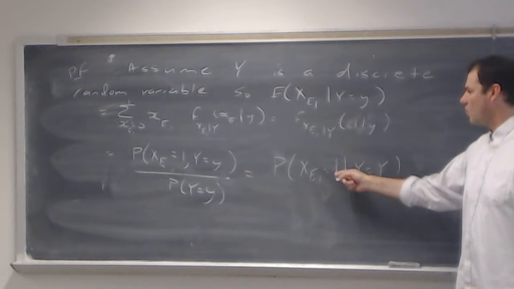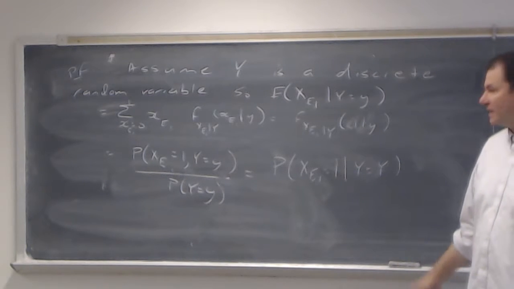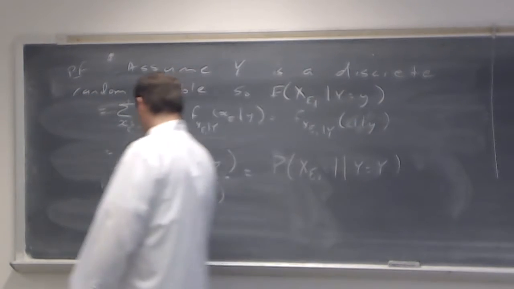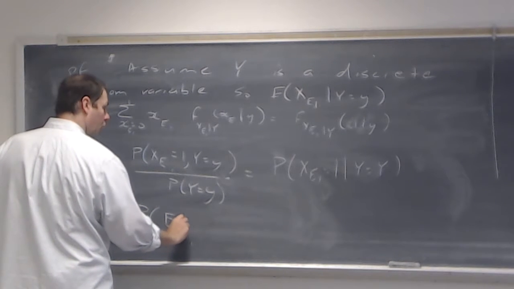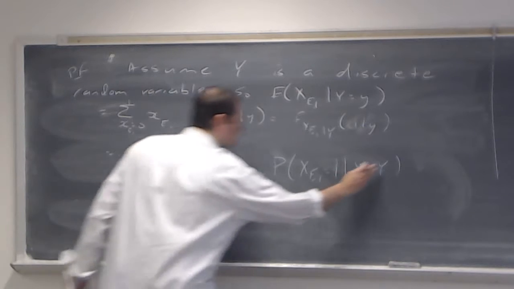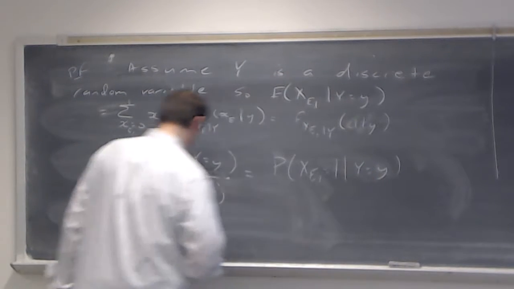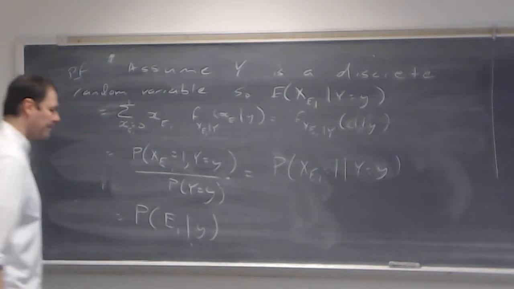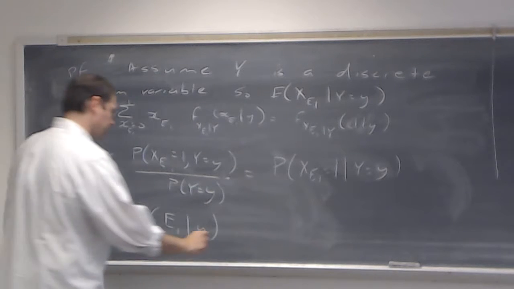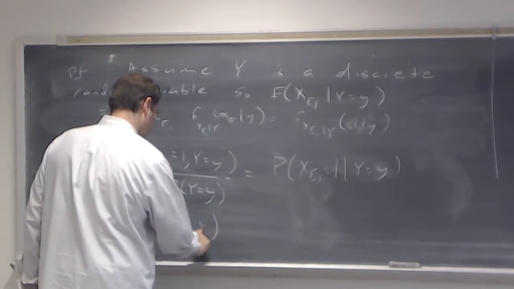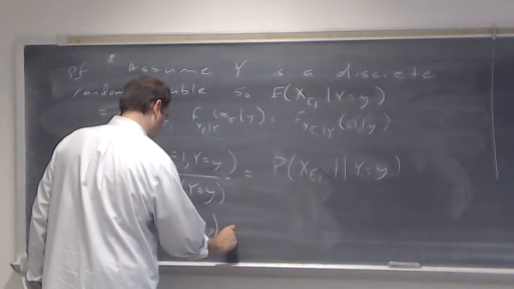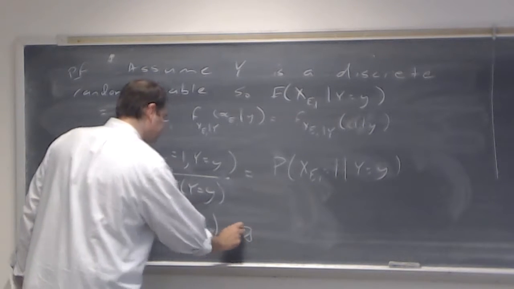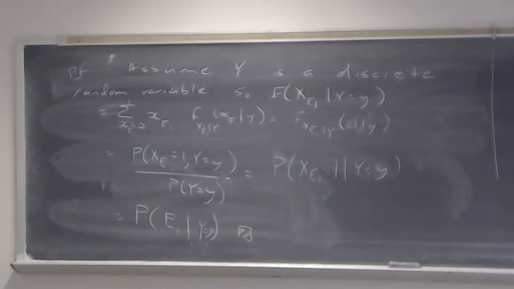But X of E sub 1 equaling 1 is the same event as E sub 1 occurring. So that's the same thing as the probability of E sub 1 given Y equals little y. And that concludes the theorem for the discrete case, and that's the only case we're looking at.